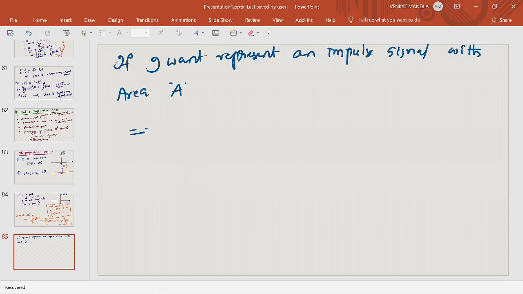I will represent this impulse signal as A into del of t. This is any signal x of t. So I'm defining some x of t as an impulse signal with area A. Then how to define it? That is A into del of t. This is x of t.